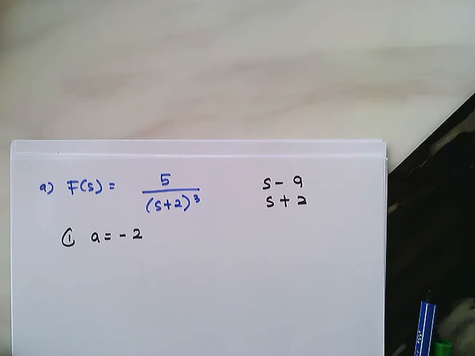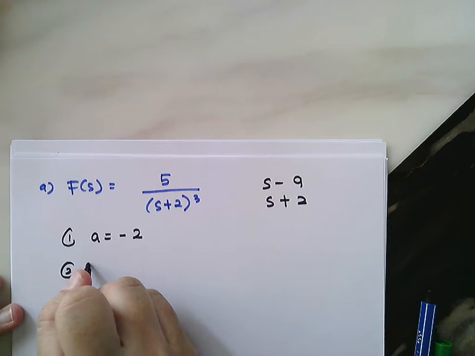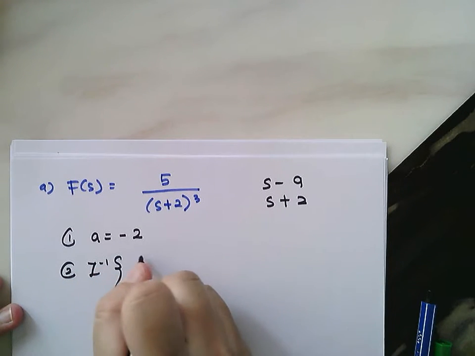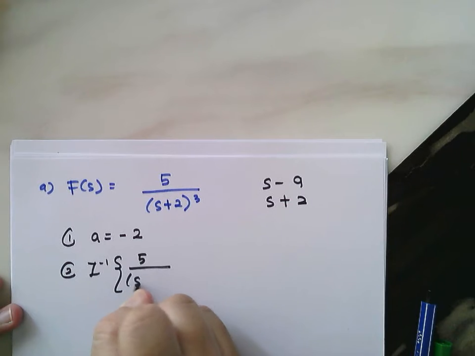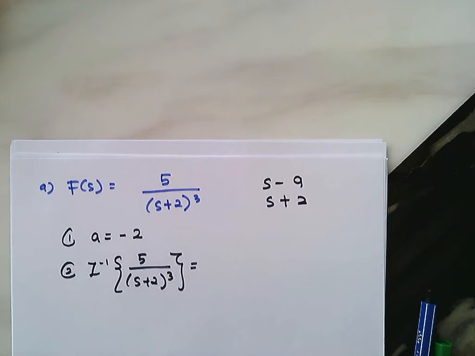The next step, to get the Laplace inverse of 5 over (s plus 2) cubed: what is your constant here? 5 is your constant. What you need to do with the value of 5 is factorize it.